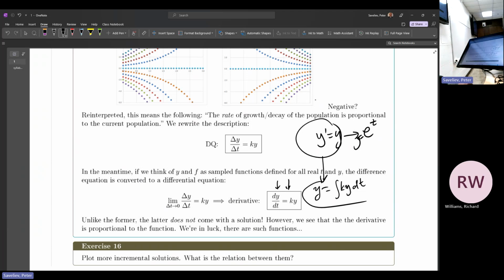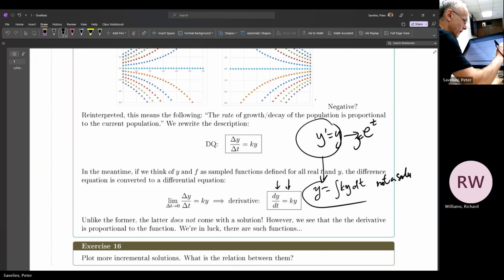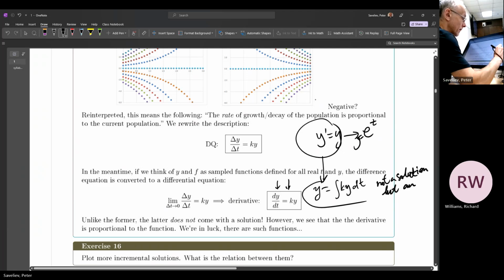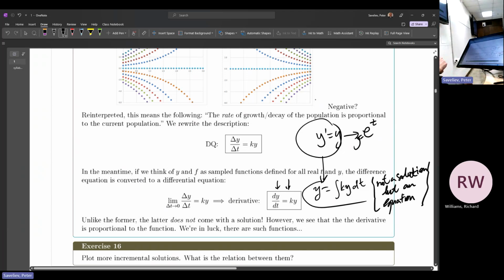Either the derivative is expressed in terms of y itself, or the integral is expressed in terms of y itself. Either way, it's not the solution. It's still an equation, meaning that it is indirect. It possibly defines the function directly, so it's there, but it is for us to find it.